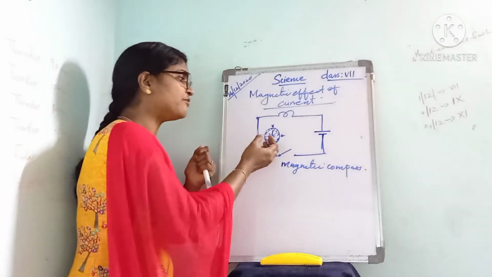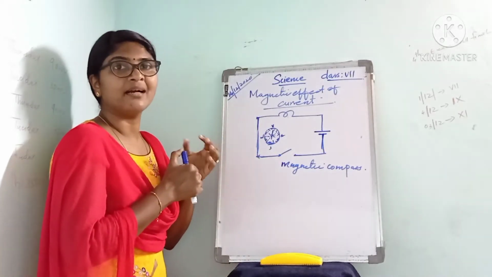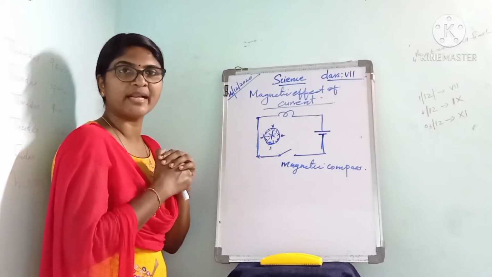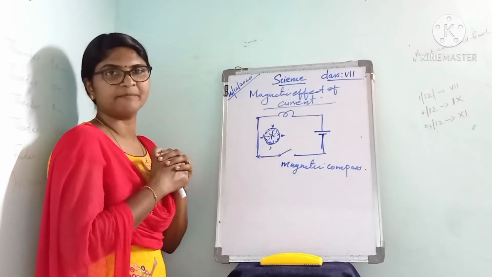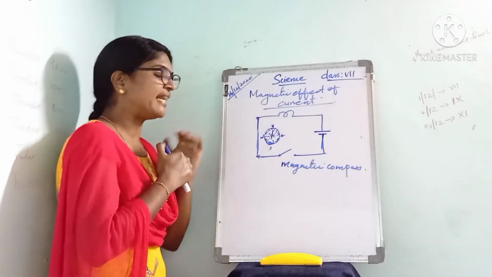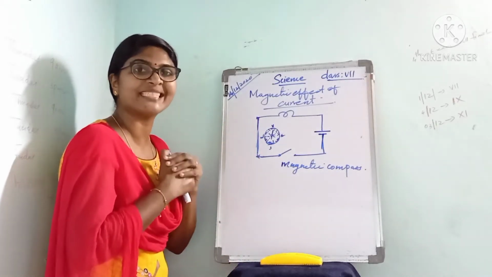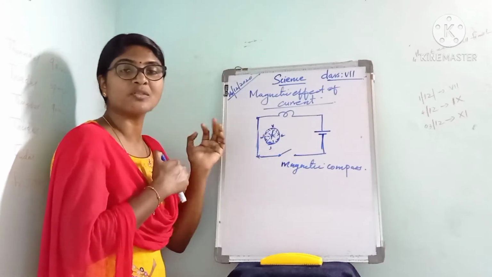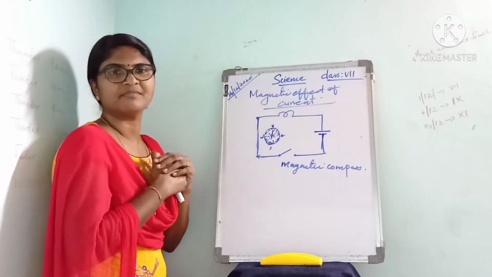Usually a magnet can deflect a compass needle or a magnetic compass. Listen to it. When electric current passes through this metallic wire, it will behave as a magnet. That is why this magnetic needle shows a deflection.